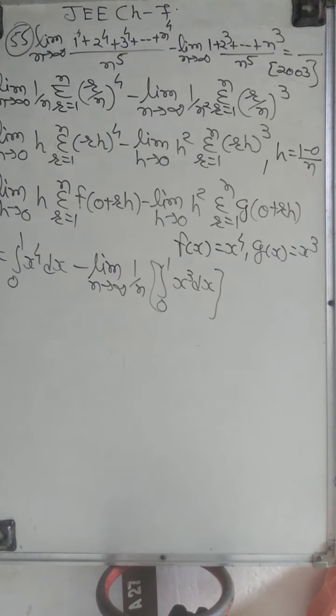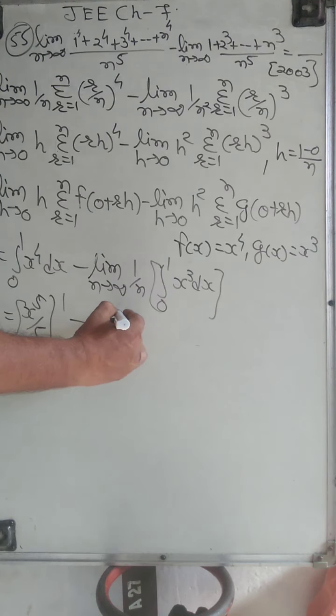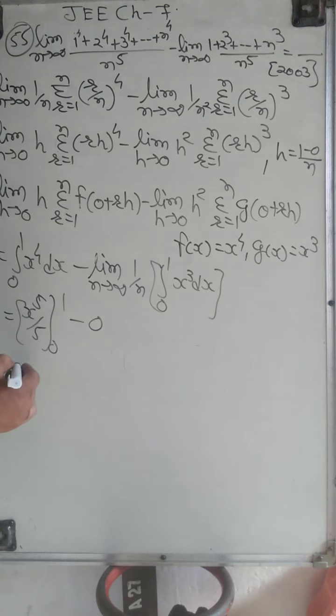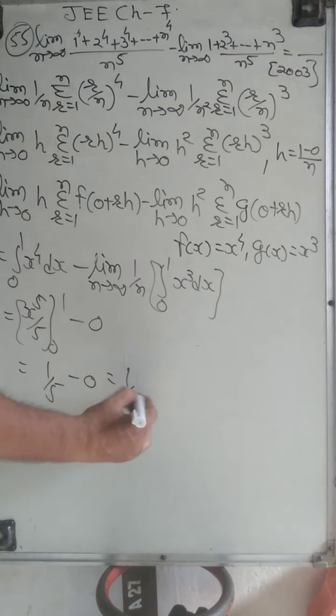When we simplify, our answer is x raised to 5 by 5, minus limit n tends to infinity 1 upon n, which is 0. Zero into something is also 0. So our answer is 1 by 5 minus 0, which is 1 by 5. So this way we can find our answer.